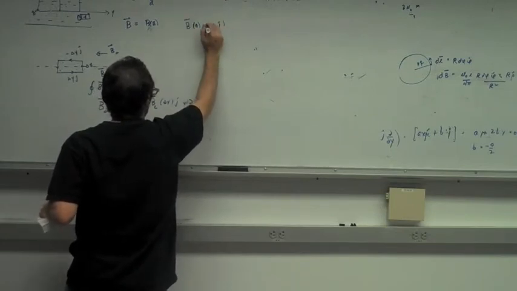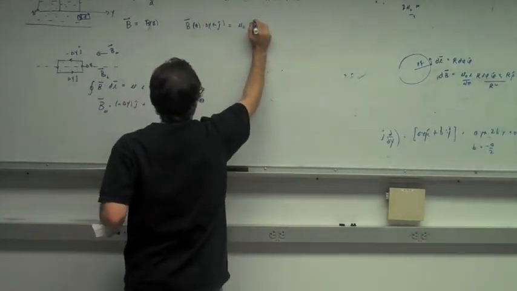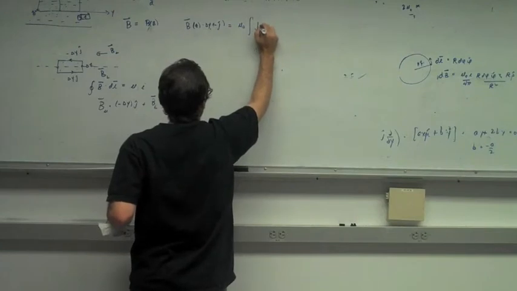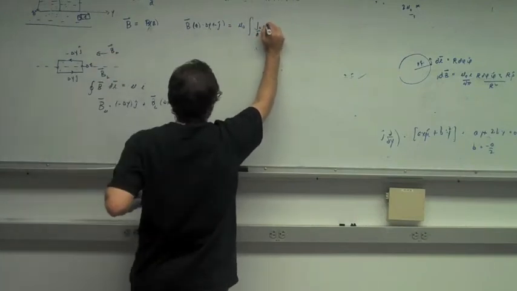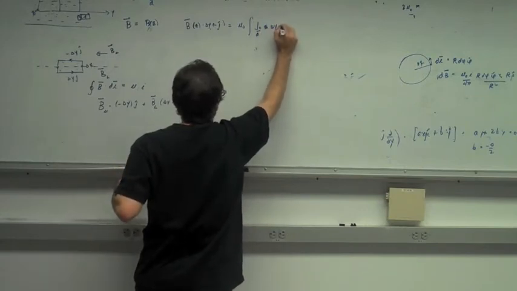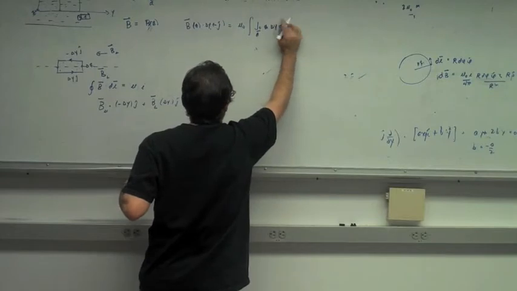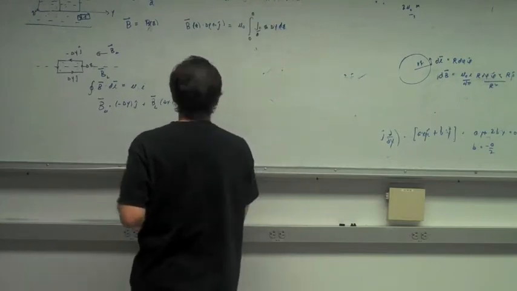This, I call that delta y, is equal to mu naught j naught over a, I'm above it, z, and then that will be delta y z, that's just dz, isn't it? Between 0 and a. Correct?